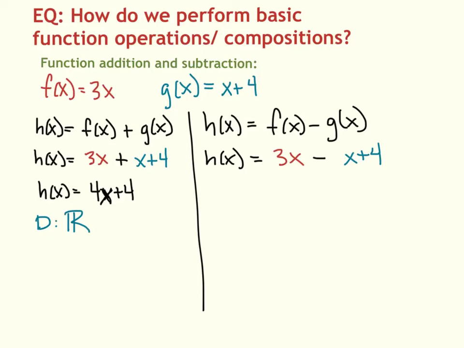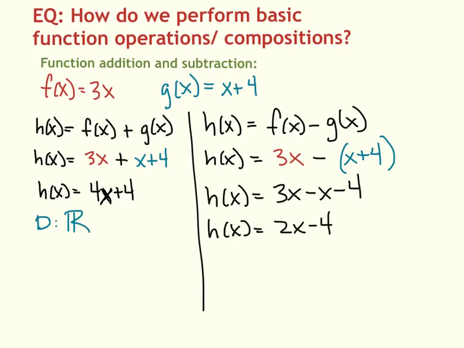Because we have to notice that we're subtracting this entire function. So with subtraction, be careful that you subtract the entire function, right? Because now this negative is going to be distributed to the entire function. H of x is equal to 3x minus x minus 4. Okay, because we distributed the negative 1 that was outside that parentheses. So h of x is equal to 2x minus 4.